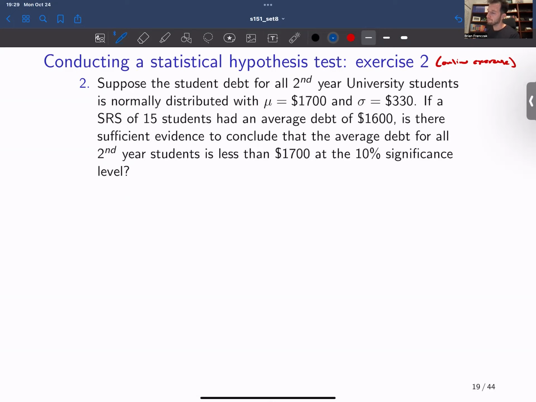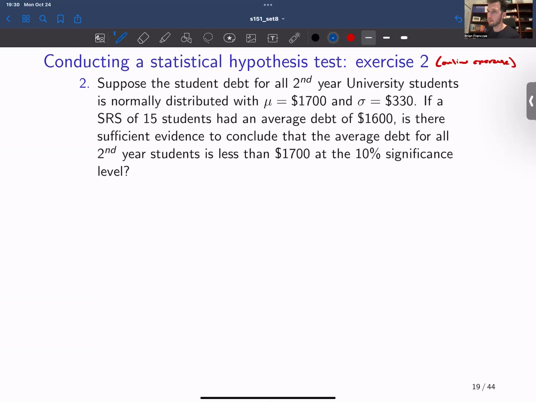In this question, we have the following situation. Suppose that student debt for all second-year university students is normally distributed with mu equals $1,700 and sigma equals $330.